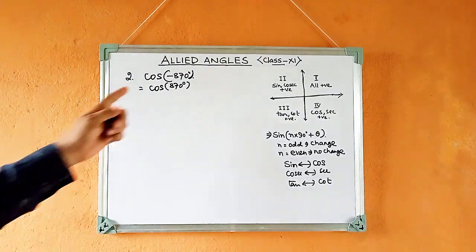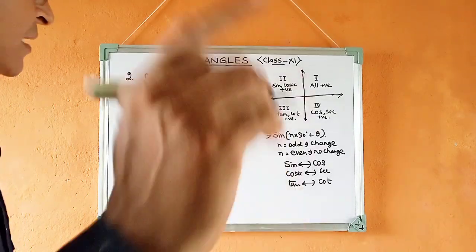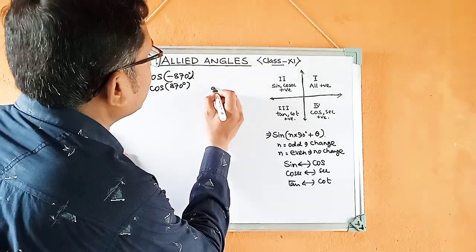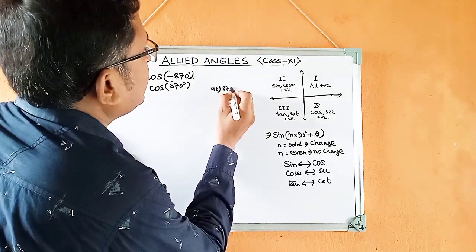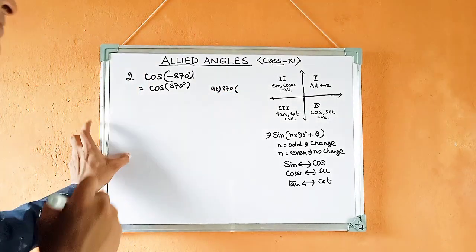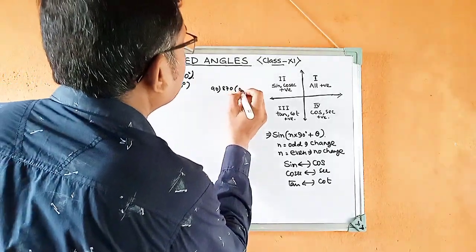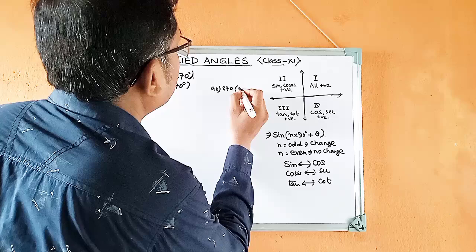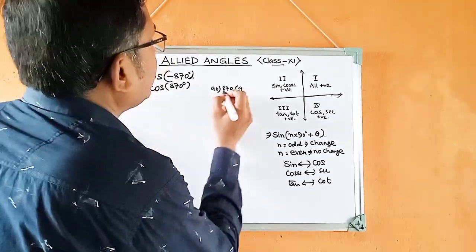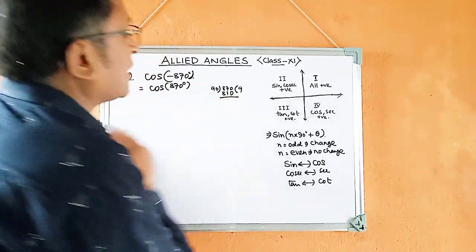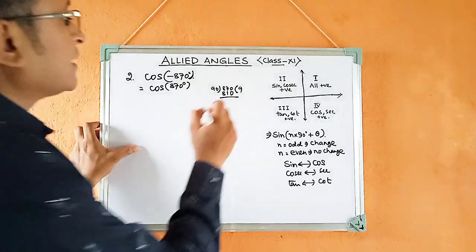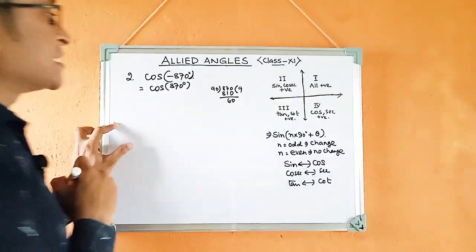Now see cos 870 degree. Now 870 degree divided by 90. 9 nines are 810. So 9 into 90, 810. So the remainder is 60.